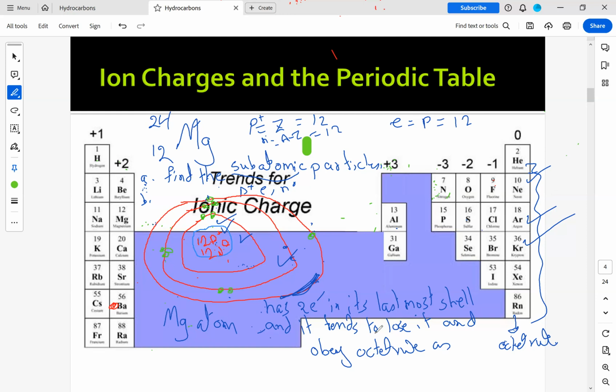Because after you draw it, you will find that you don't have this shell anymore. You have just this shell and this shell, this 2 and this 8. So it has 10, and 10 means she wants to be like neon, to obey the octet rule and look like neon.